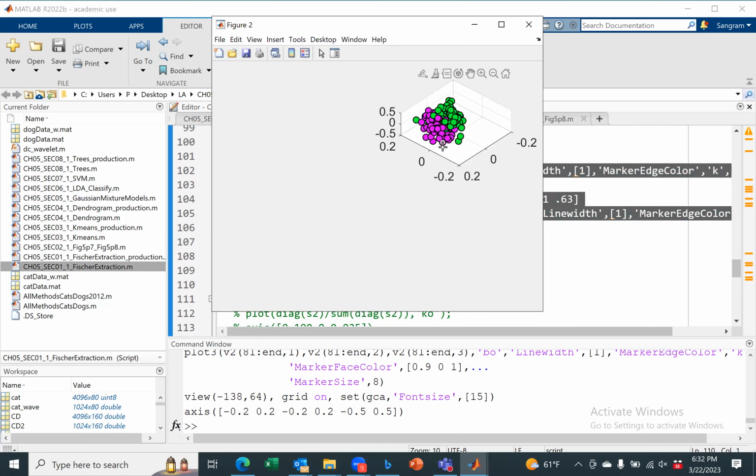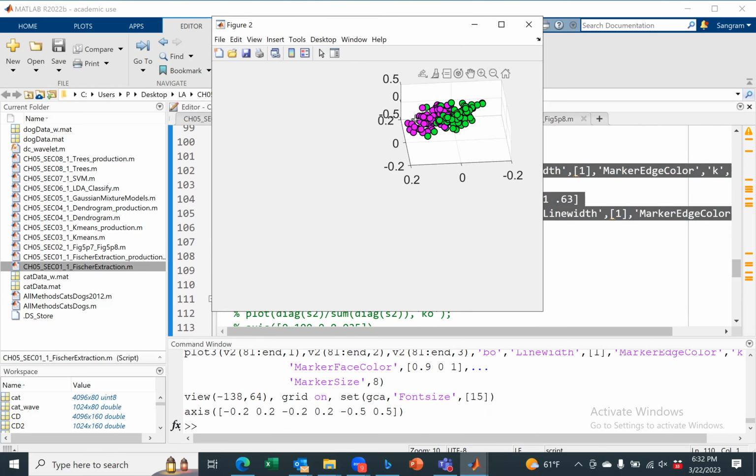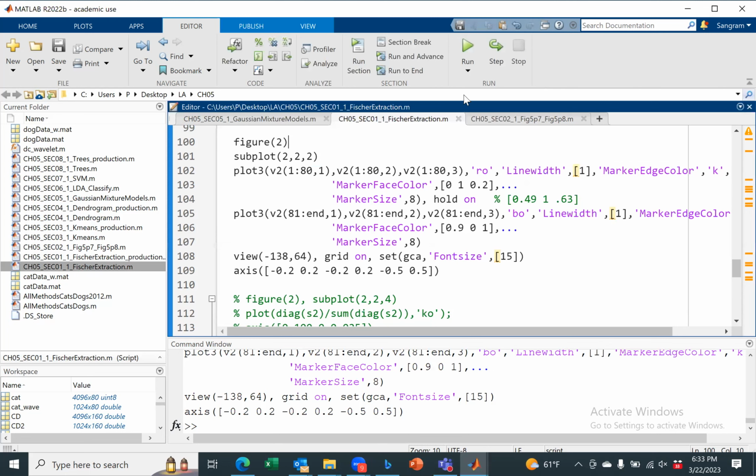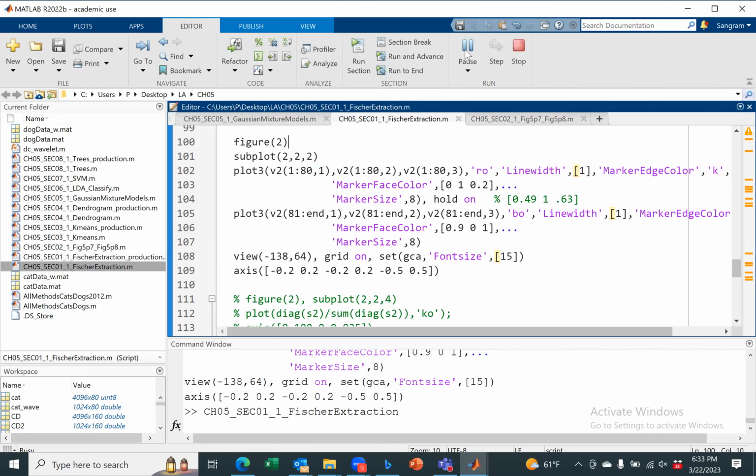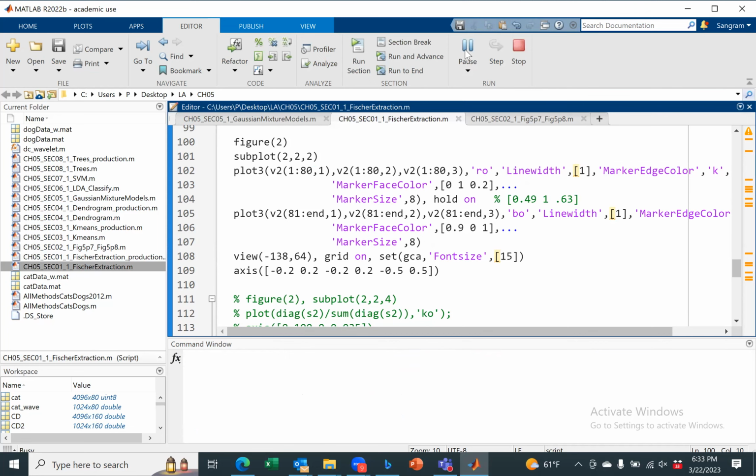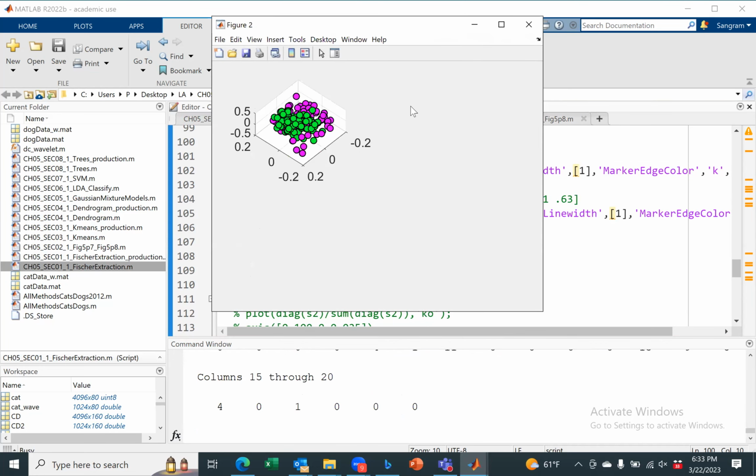So now I want you to observe that you have these wavelet images, and these wavelet images' embedding is separated for cats and dogs. Now I want to run the entire code and walk you through this exercise, so everything would be clear.